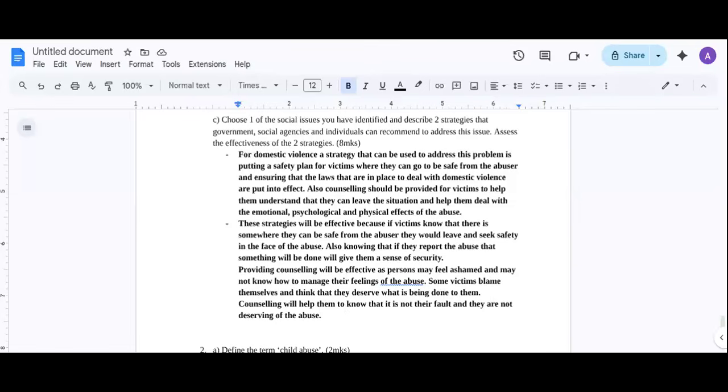Let me check the chat. So, poverty, and it says one, they can offer jobs. By offering jobs, it could help with people who struggle with poverty and cause them to change their standard of living.